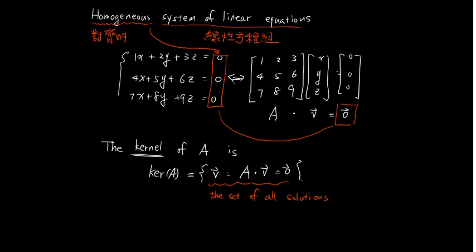Now, if you think of this, say in high school, right? Maybe you will start solving this, and you will do some elimination. You will realize that this one has more than one solution. It actually has a lot of solutions, and you can try to solve that. But in the end, the solution looks like a straight line.